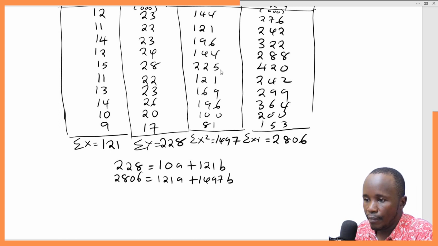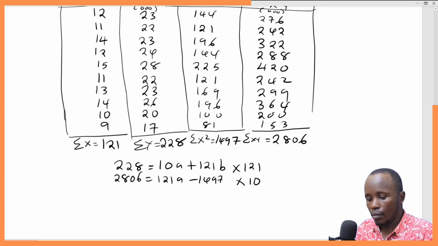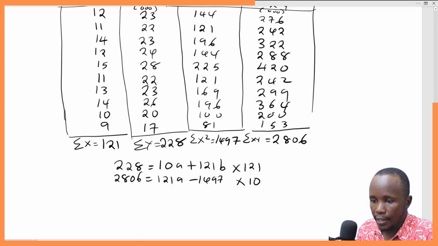So I multiply the first equation by 121 and the second by 10. 228 times 121 gives 27588, which is equal to 1210a plus 121 times 121, which is 14641b.